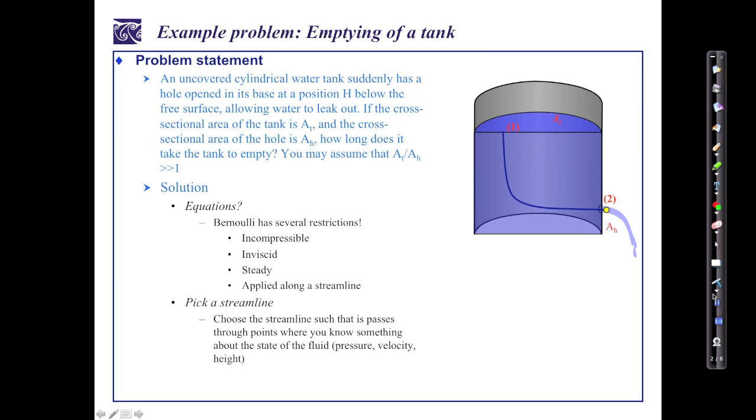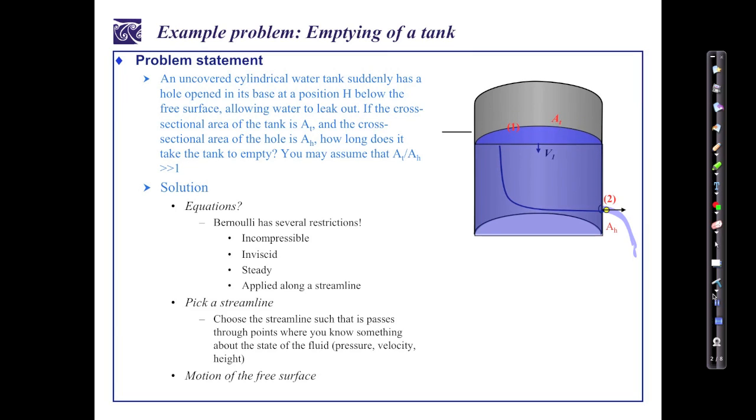Before I forget, I just wanted to make clear, now that I've erased the slide here, that once we have the volumetric flow rate, the rate at which that free interface settles, if we mark that and let it drop a certain increment delta H over a given time delta T, taking the limit as delta T goes to 0 gives us dH/dt, and this is exactly the velocity of that free surface, V1.